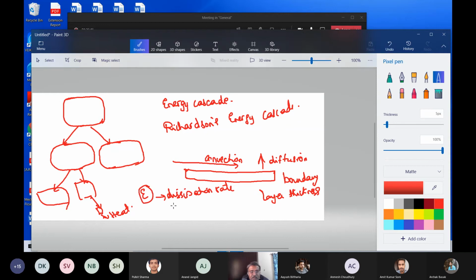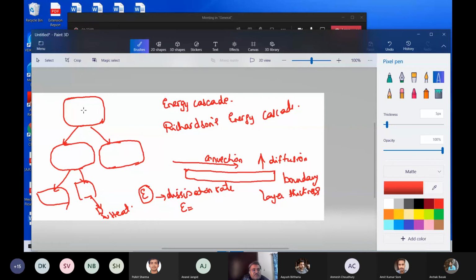And how will you get, again, an order of magnitude analysis for epsilon? All the energy dissipation rate here comes from the larger eddy. The larger eddy transfers to the smaller eddy, and further to smaller ones till heat. So there is no energy lost anywhere.